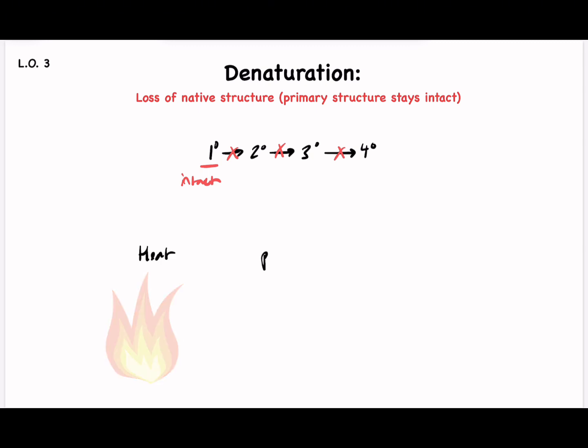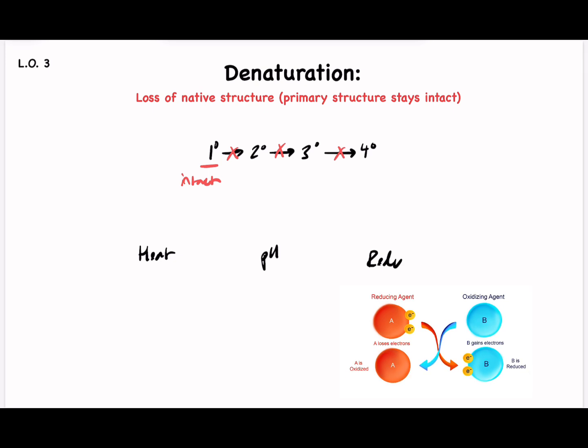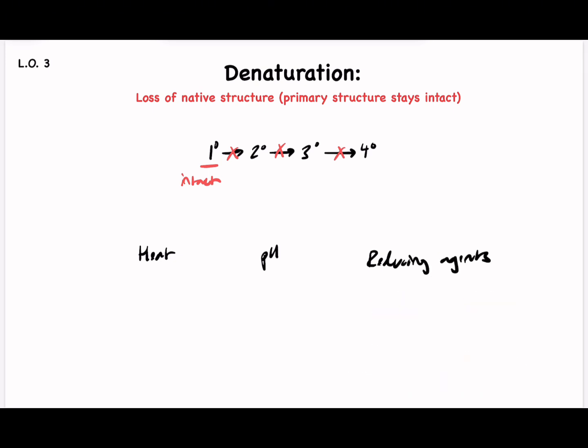It can be changes in pH, either making it lower or higher, or reducing agents. And while there are a lot more ways to disrupt protein structure, these are some of the more common ways that you might see on the MCAT. And at the end of the day, you just need to remember that these methods of denaturation, and denaturation in general, is just a way of removing bonds.